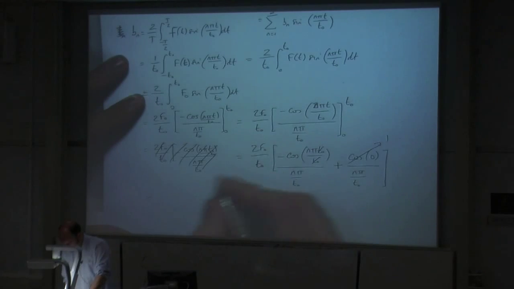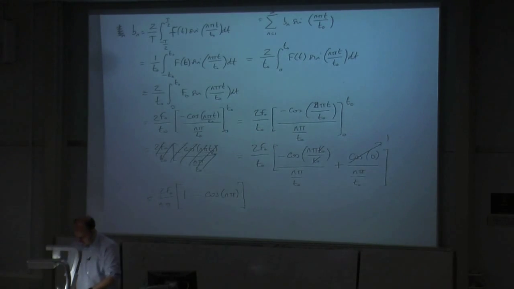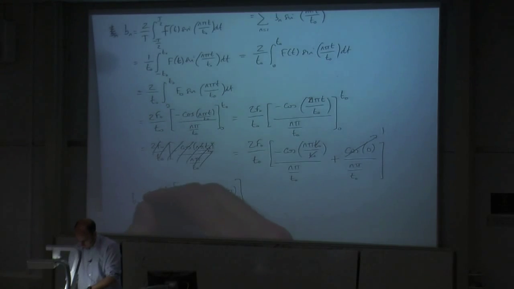So what we can do is we can take this out. This t naught cancels with this one, so we have 2 f naught divided by n pi, and then we've got 1, because that's gone, minus cosine of n pi. Now, this is b of n.